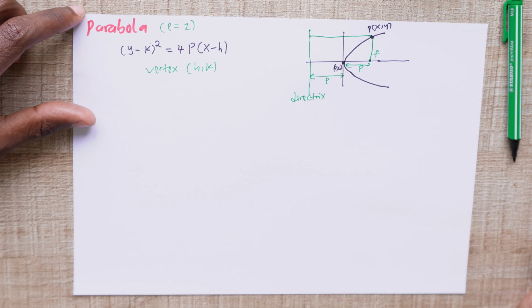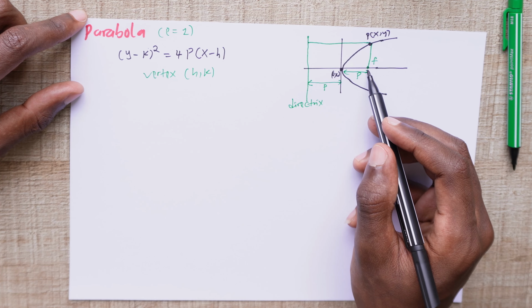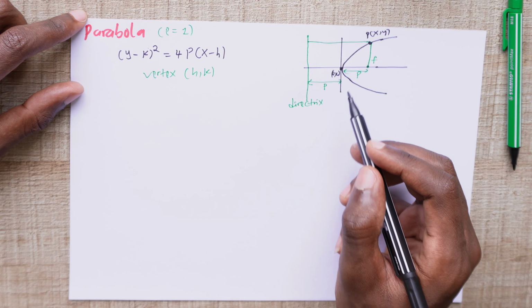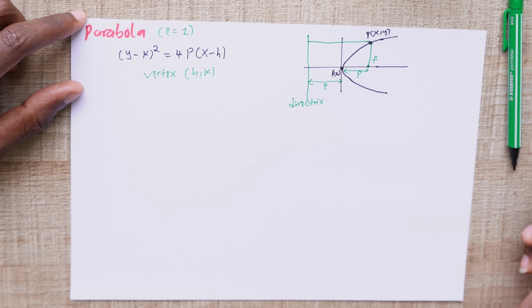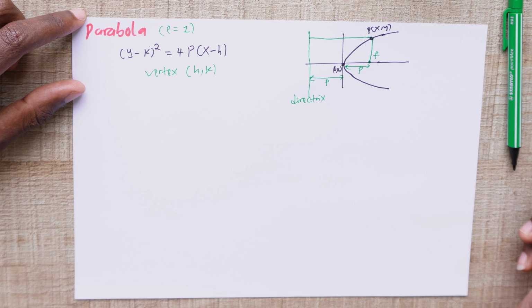In other words, the point P, wherever it's going to be on this curve, it's always going to be at the same distance from the focus, F, and the directrix, Z. So you can kind of picture that out.